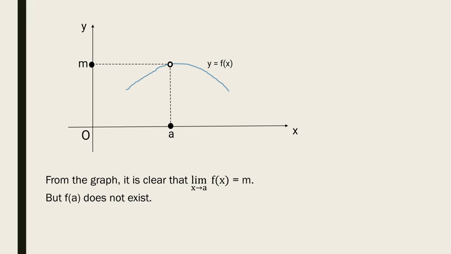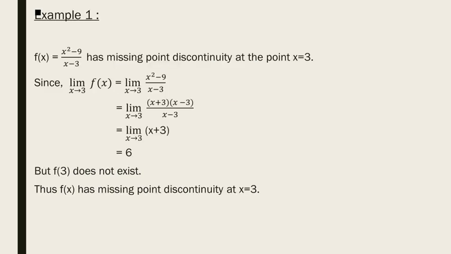So here the limit exists, but the function is not defined at the given point. Hence we can conclude the function has a missing point type discontinuity at x equal to a.